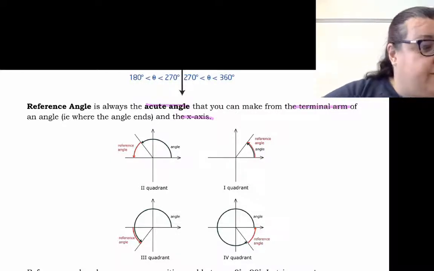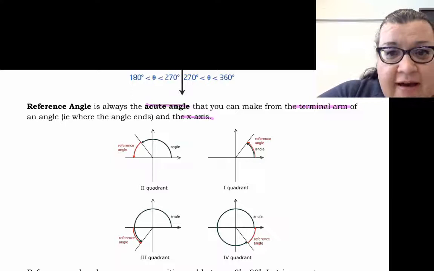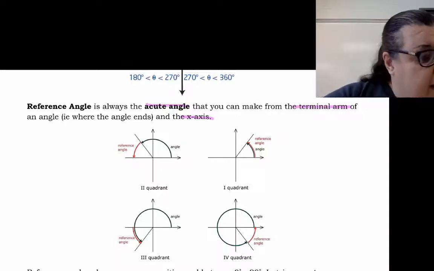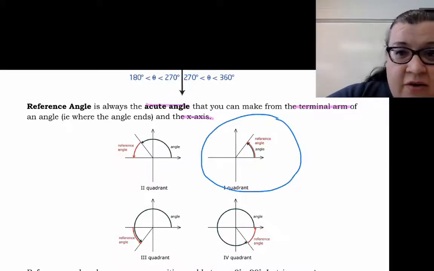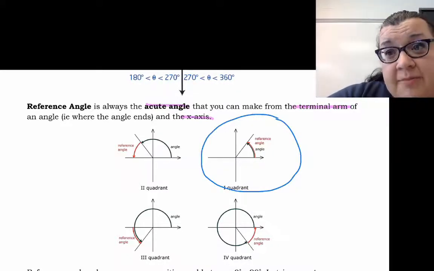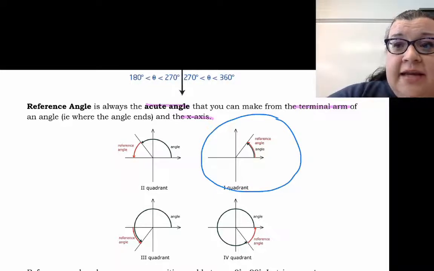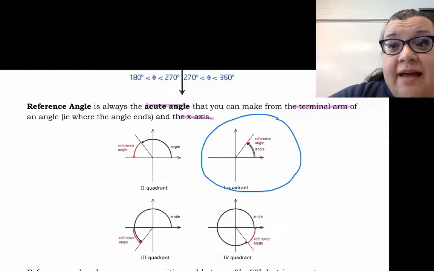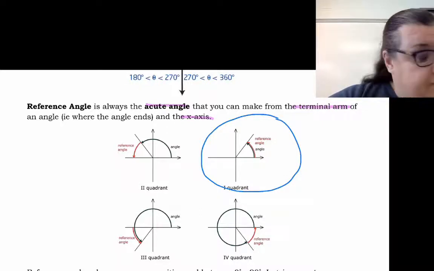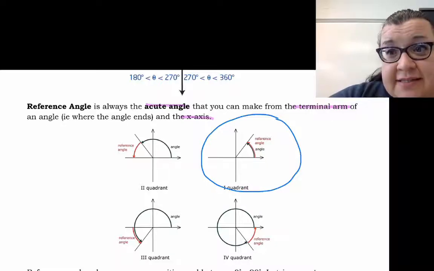Okay, so here are 4 different examples of reference angles. We'll start off talking about this one first. So when your terminal arm is in quadrant 1, then your reference angle and your angle, what is sometimes called your principal angle, are the same thing, right? Because the closest x-axis is the initial arm.